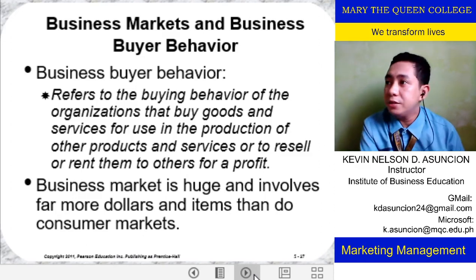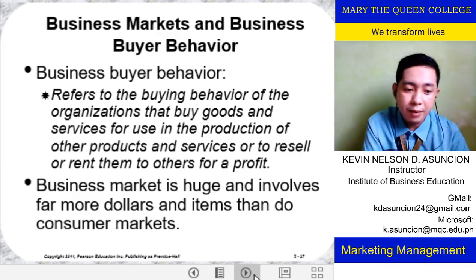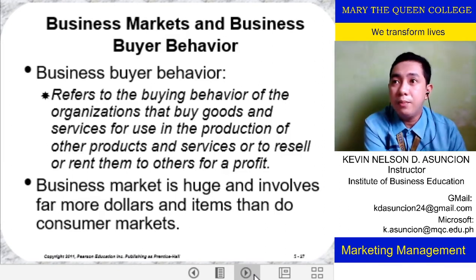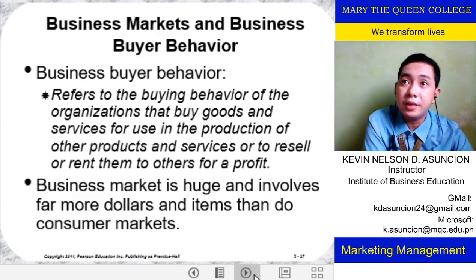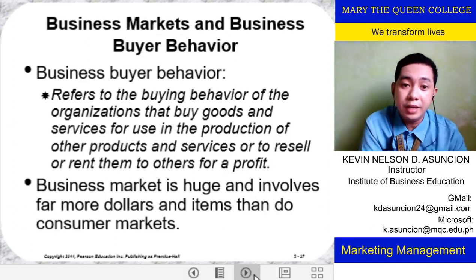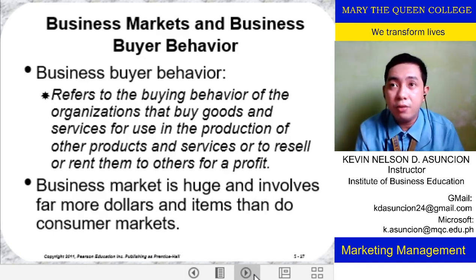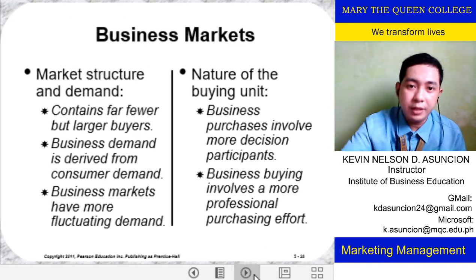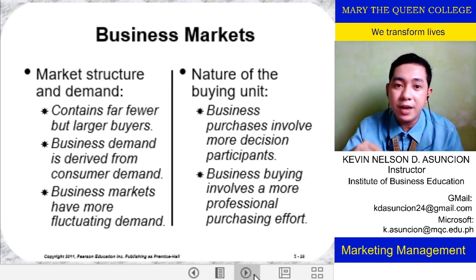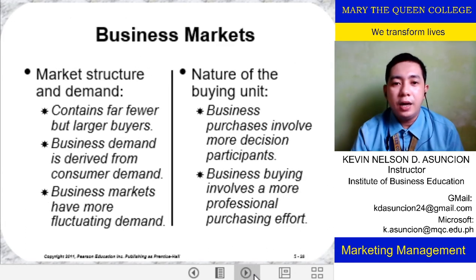In economics, these businesses are using capital goods. They use your products in their business, or they can resell them through wholesaling or retailing, or use all of them, like buying in bulk. So that is the purpose of the business market. So you don't just sell to final consumers. It depends on the market structure and demand.